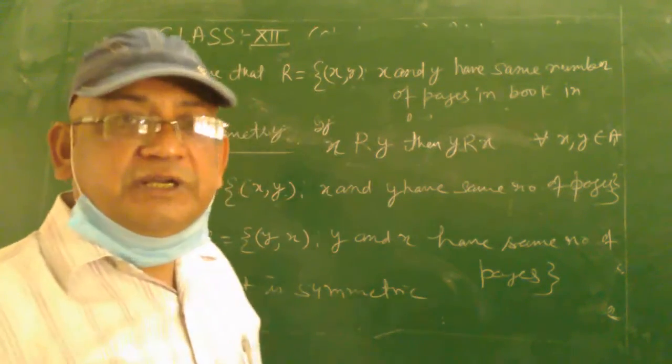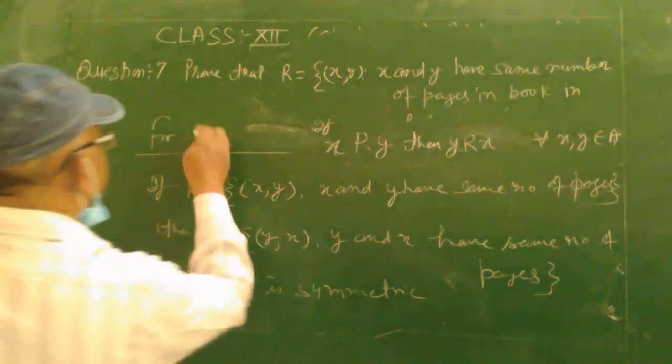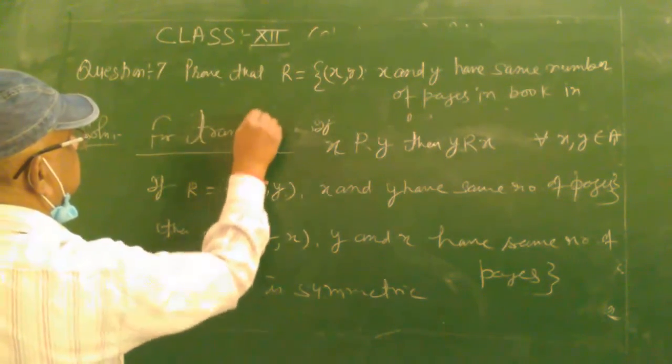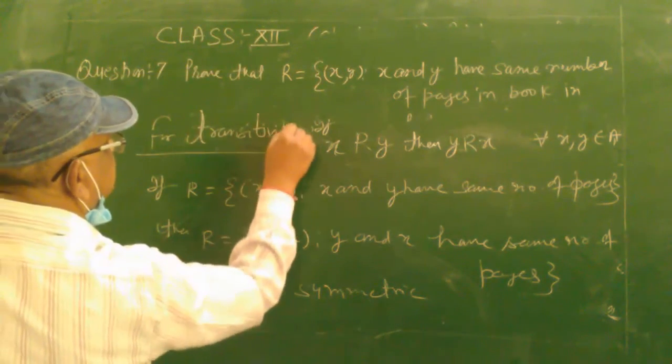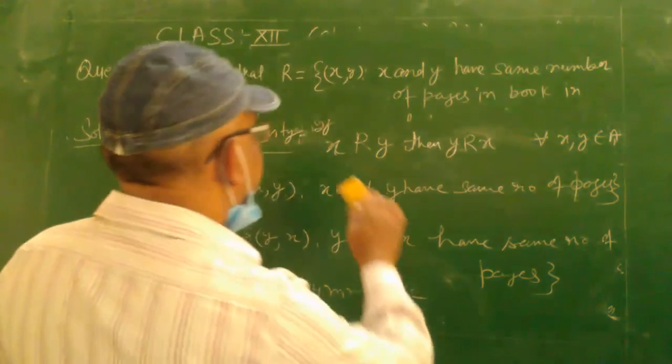Now come to the next, that is transitivity. For transitivity, in transitivity students, you know very well that you will take x, y, z.